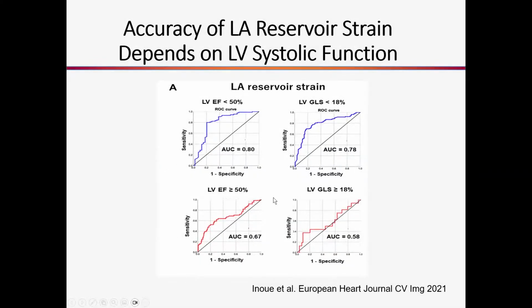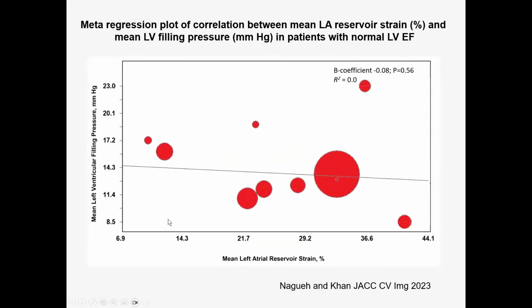If you use that same study, you notice that the area under the curve and the accuracy of LA reservoir strain as a marker of elevated pressure is lower when EF is at least 50% and is, in fact, not reliable and not recommended to use if LV global longitudinal strain is at least 18%. That poses challenges for relying exclusively on LA strain and ignoring other signals.